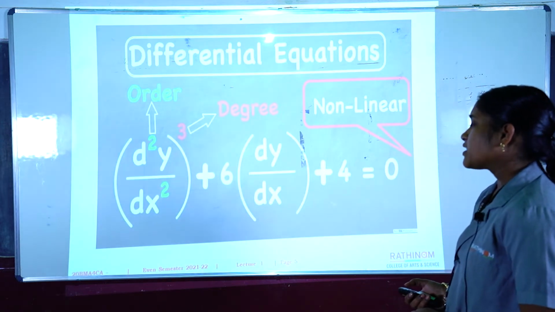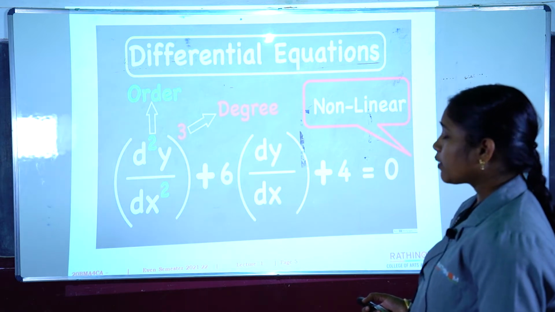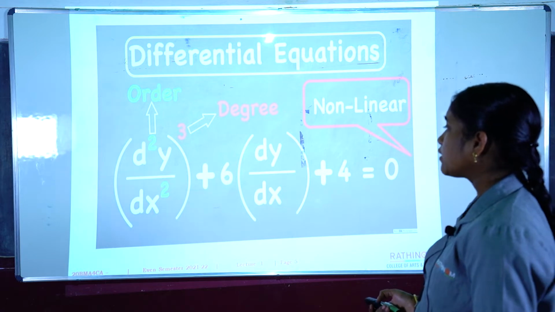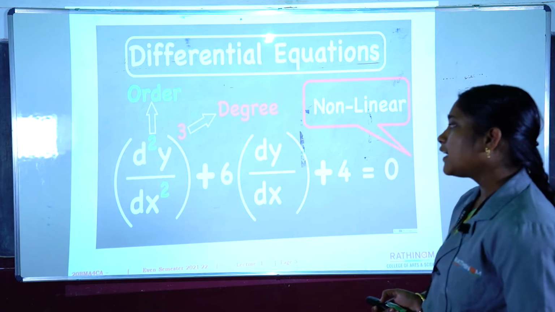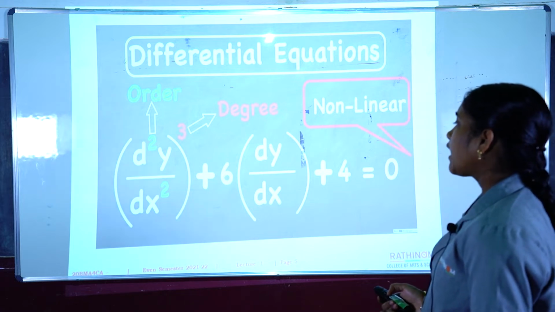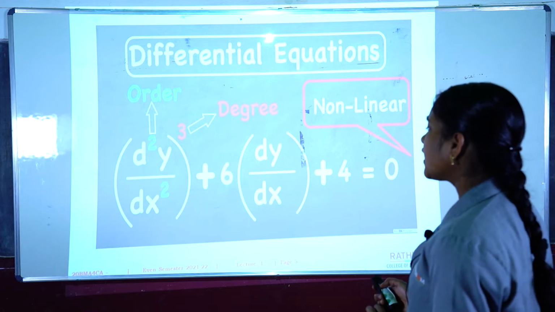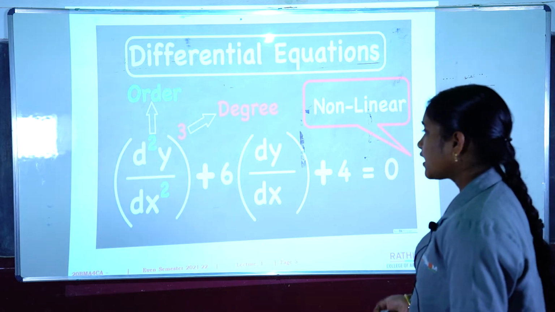Let's see this equation. Obviously we can understand this equation is known as a differential equation. Why? Because we have derivatives like dy by dx and d square y by dx square. In dy by dx the order is 1, so this is known as a first order derivative.